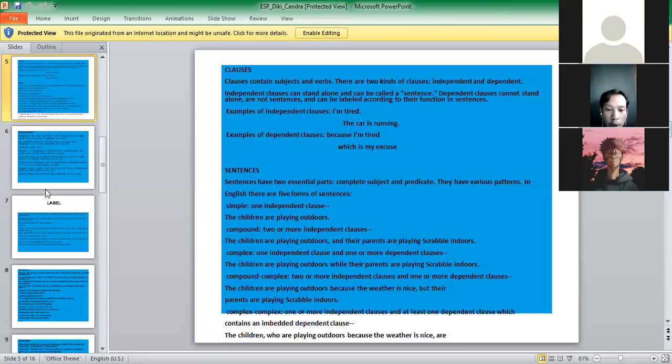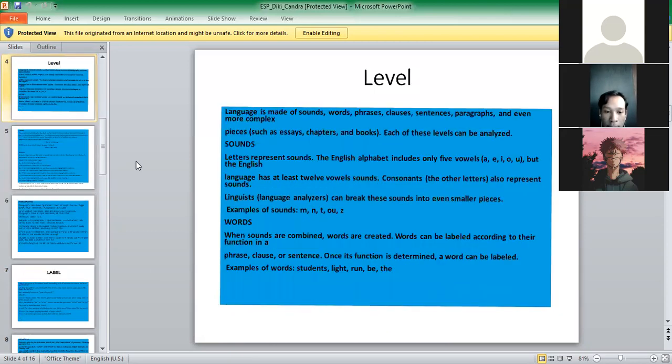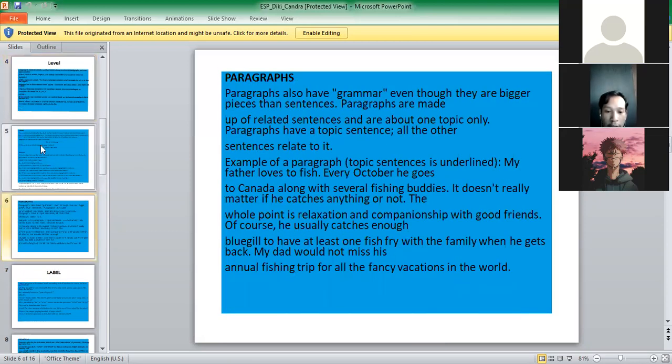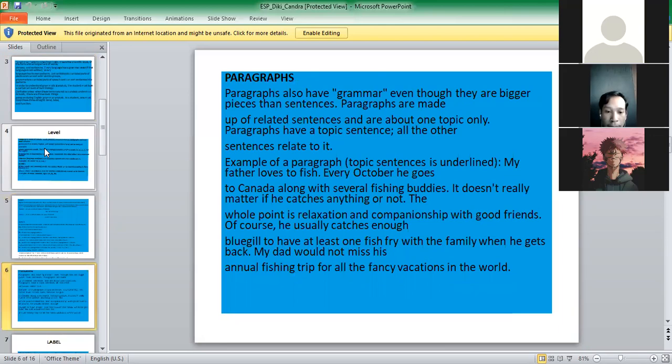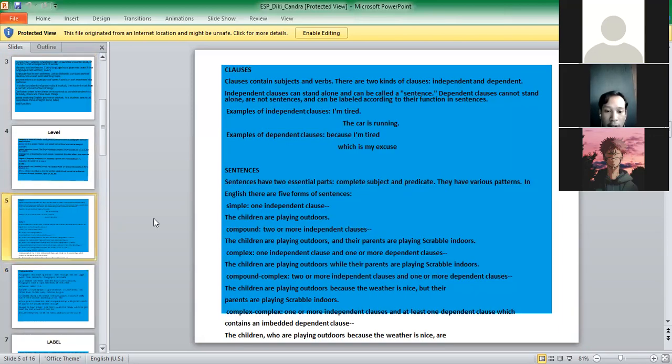And next, compound-complex: two or more independent clauses and one or more dependent clauses. The children are playing outdoors because the weather is nice, but their parents are playing Scrabble indoors.